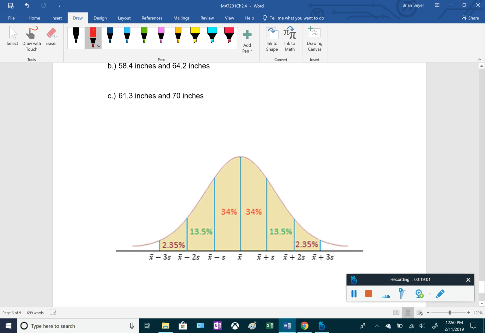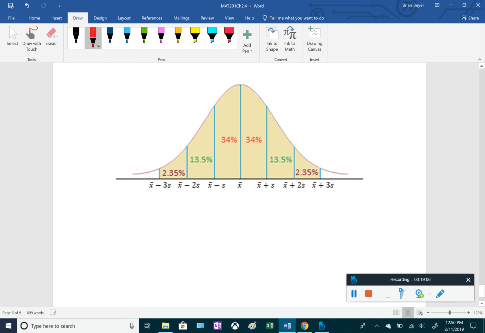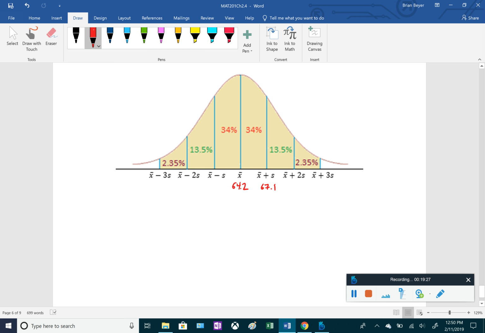Okay, so let's go down here and fill out this curve so we can see why it's useful. We're told that x bar is 64.2 and the standard deviation was 2.9. So if we add 64.2 plus 2.9, that'll get us to 67.1. So that's the x bar plus the s. If we add another one, that's going to get us to 70.